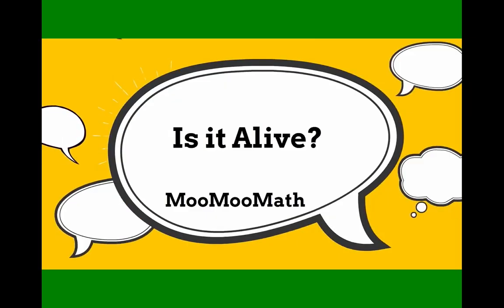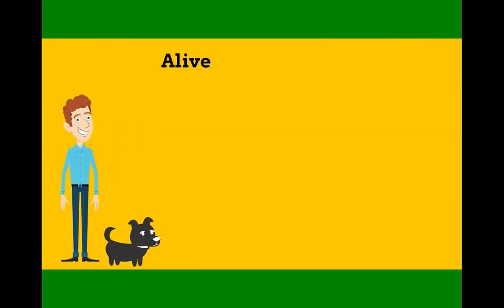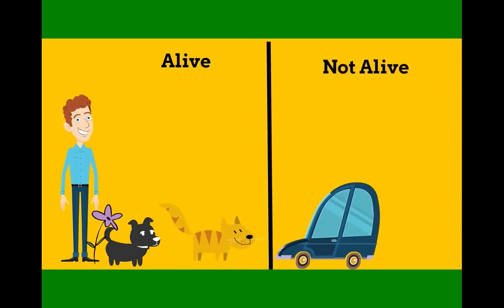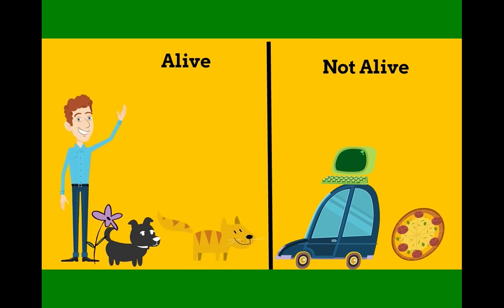Welcome to Math and Characteristics of Living Things. Why are some objects considered alive and other objects considered not alive? Let's look at the 7 characteristics of living things.